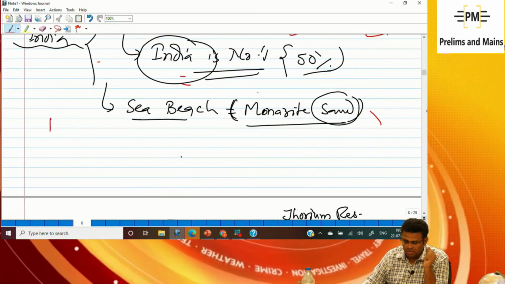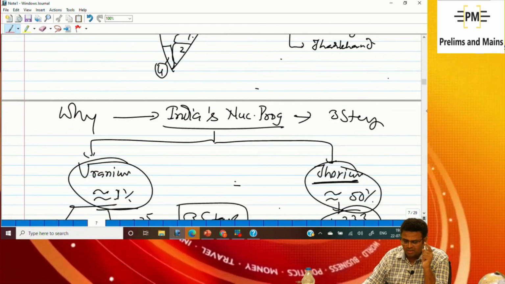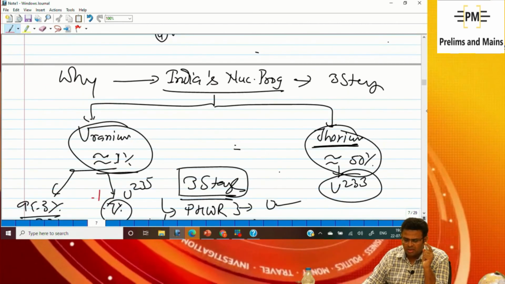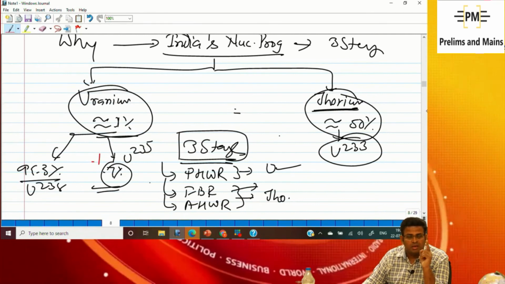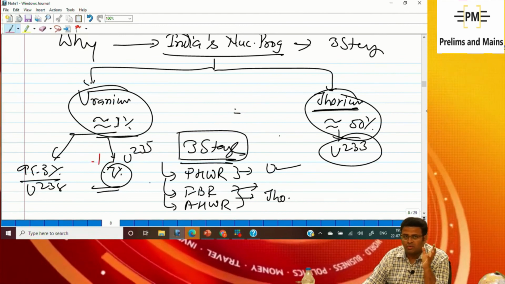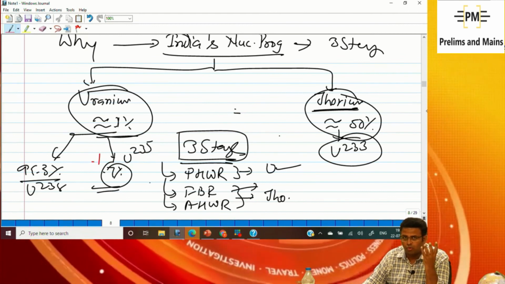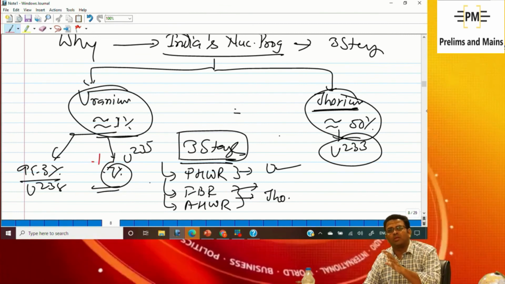So here I wanted you to understand thorium, and why India's nuclear program is 3 stages. It is based on less uranium, and we are importing it.